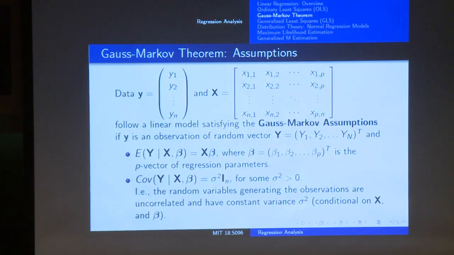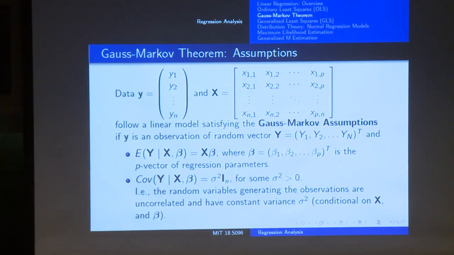We have data y and x again. And now we're going to think of the observed data, little y1 through yn, as an observation of the random vector capital Y, composed of random variables y1 up to yn.